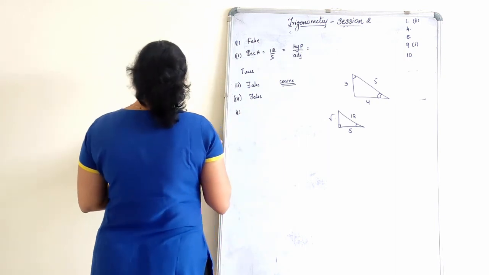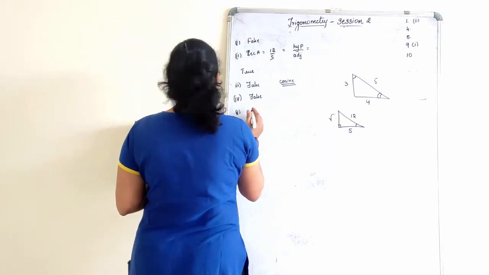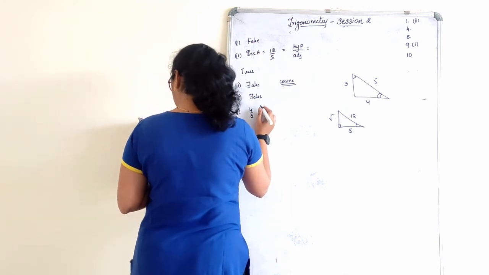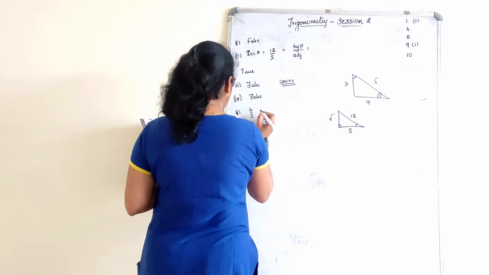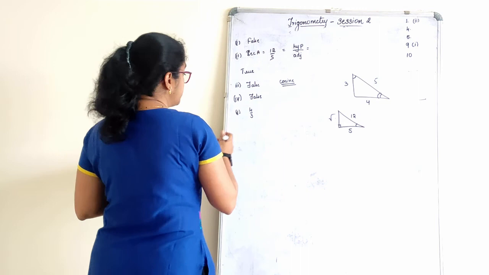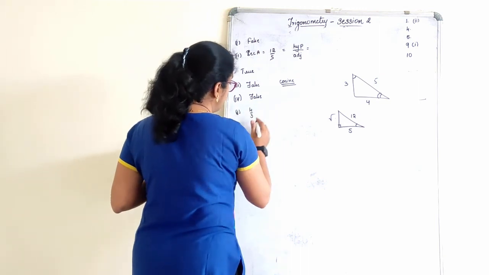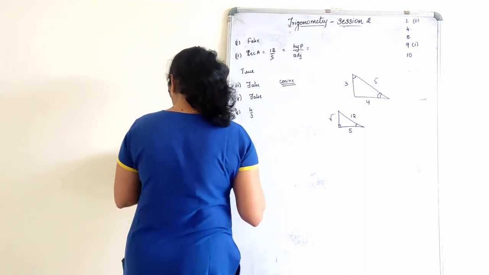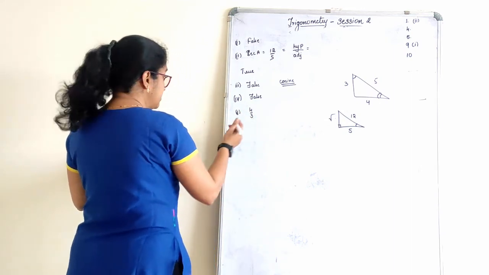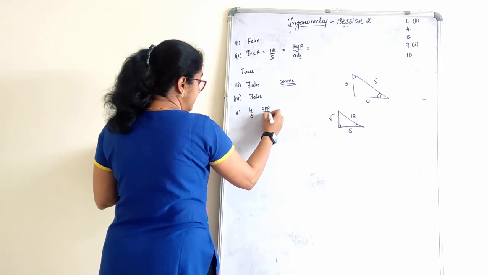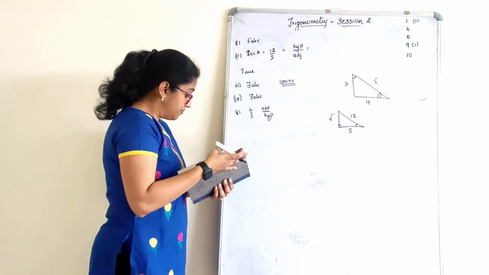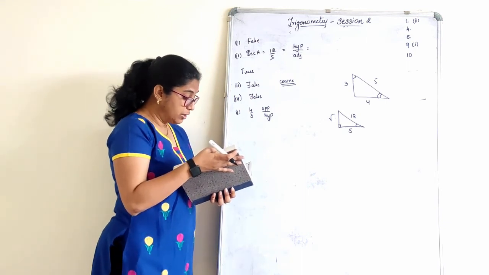Fifth one. Sin theta is equal to 4 by 3. So, is it true or false? Now, 4 by 3 is opposite upon hypotenuse. So this should be the opposite side and this should be the hypotenuse according to them, for some value of theta.